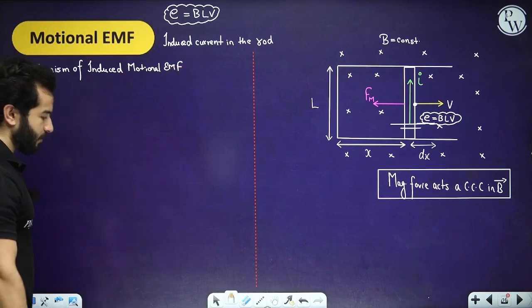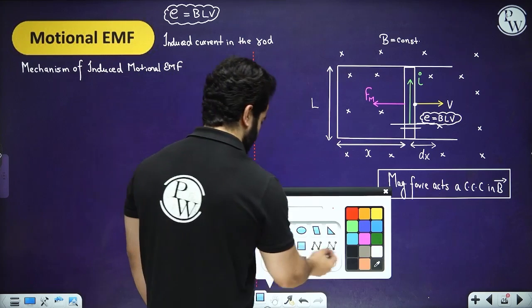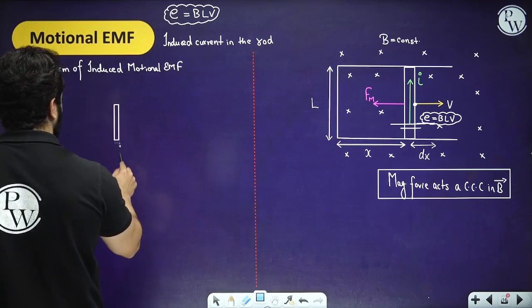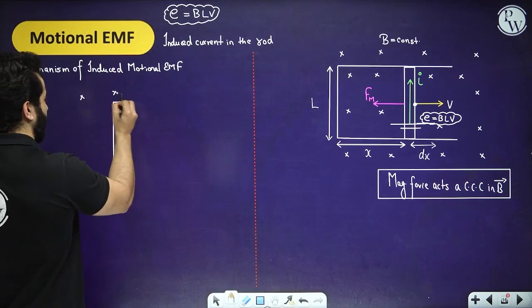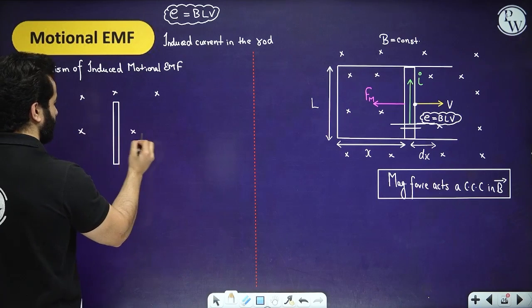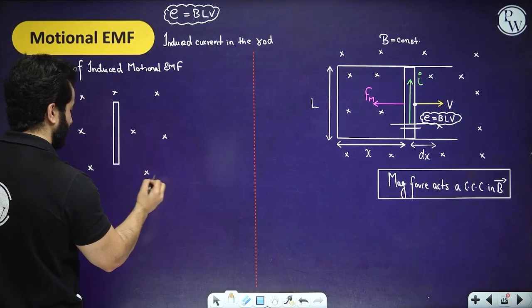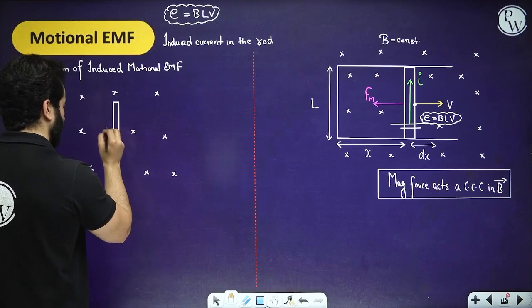Now think about it. We have got a rod. I'm just drawing the rod, not the whole frame. I've got a rod kept in a magnetic field. Let's talk about a positive charge in the rod.